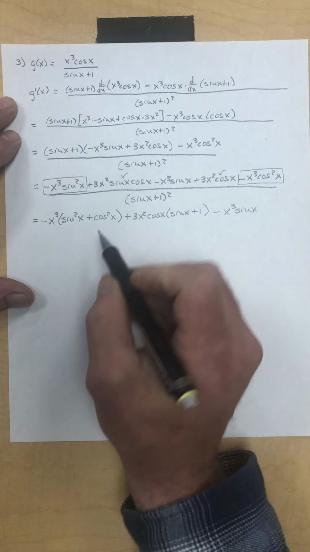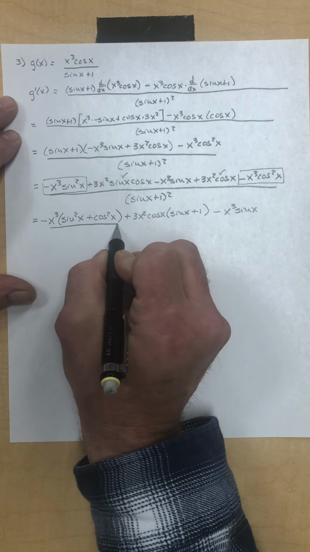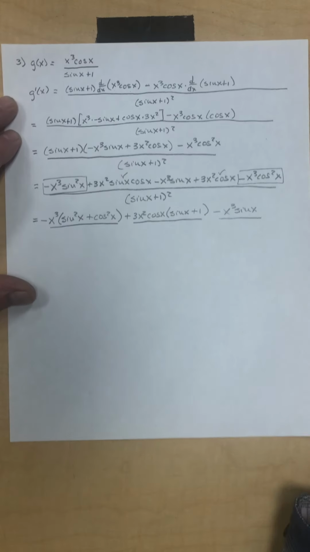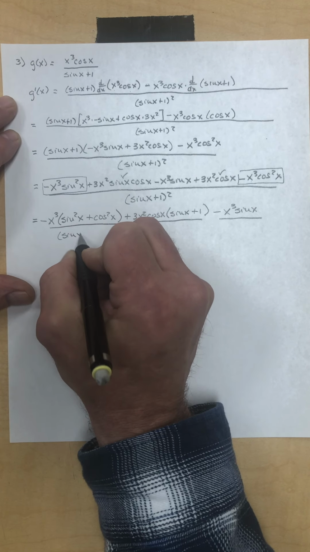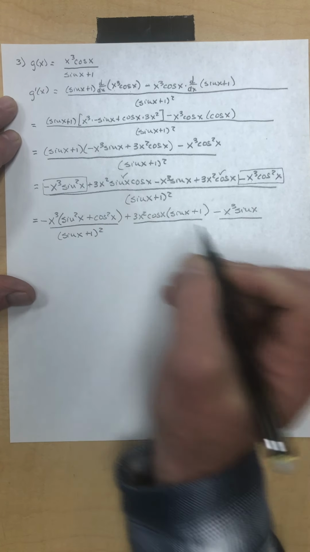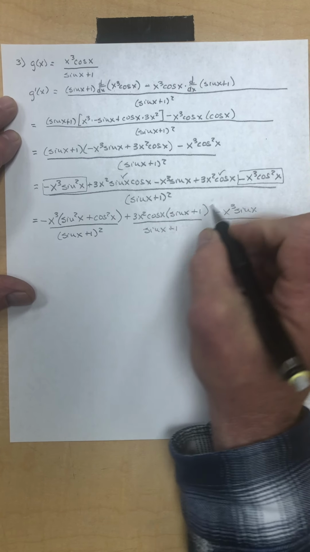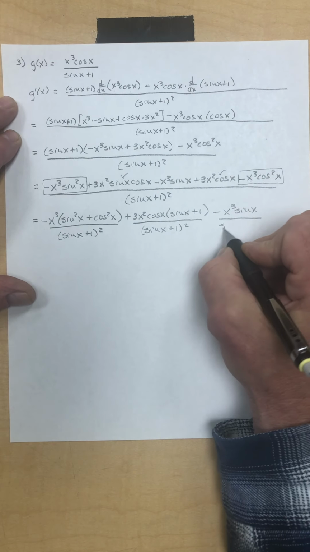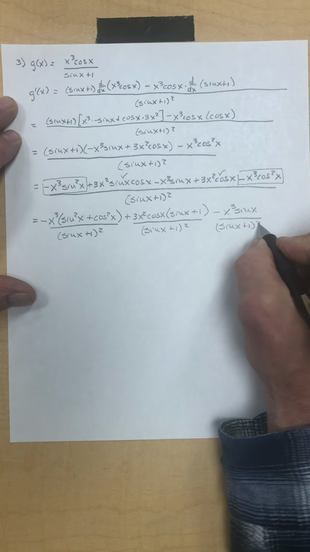All right, now I know I want to split all these up. In the end, I can actually combine them back together, but I'll split them all up now. So they're all over sine of x plus 1 squared, sine of x plus 1 squared, and sine of x plus 1 squared, like that.